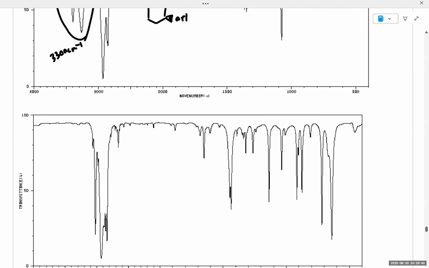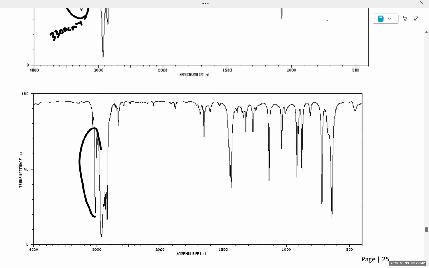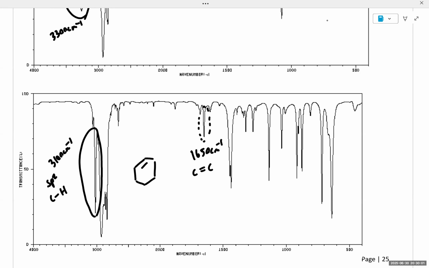The bottom spectra, in this case, we have a peak at around 3,100 centimeters inverse, which corresponds to the sp2 CH stretch. And we see a peak at about 1650 centimeters inverse, which corresponds to the CC stretch. So this second spectra matches cyclohexene.